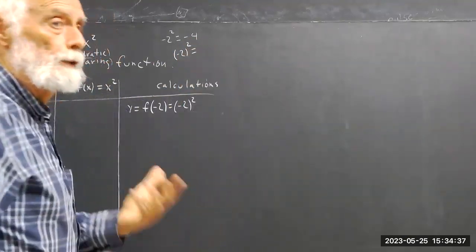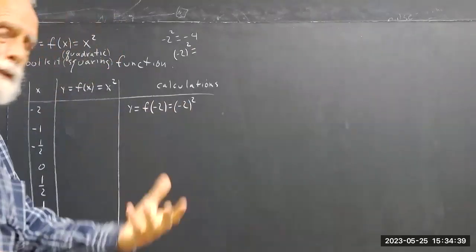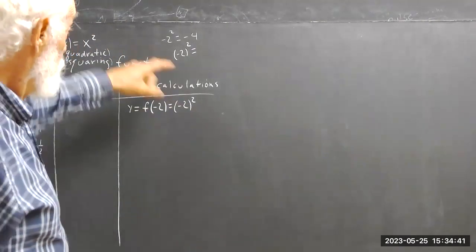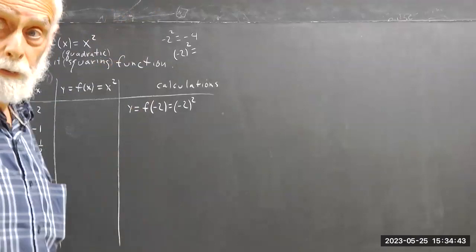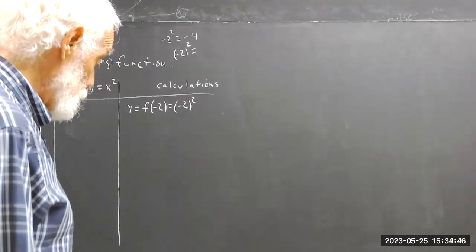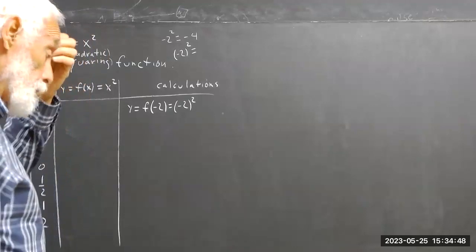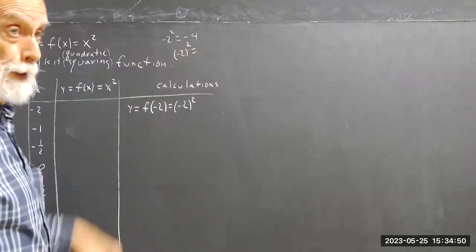What's -2 squared? Again, if you plug this in your calculator without parentheses, you might well have something wrong. It depends on how your calculator is set up. It might tell you -4.